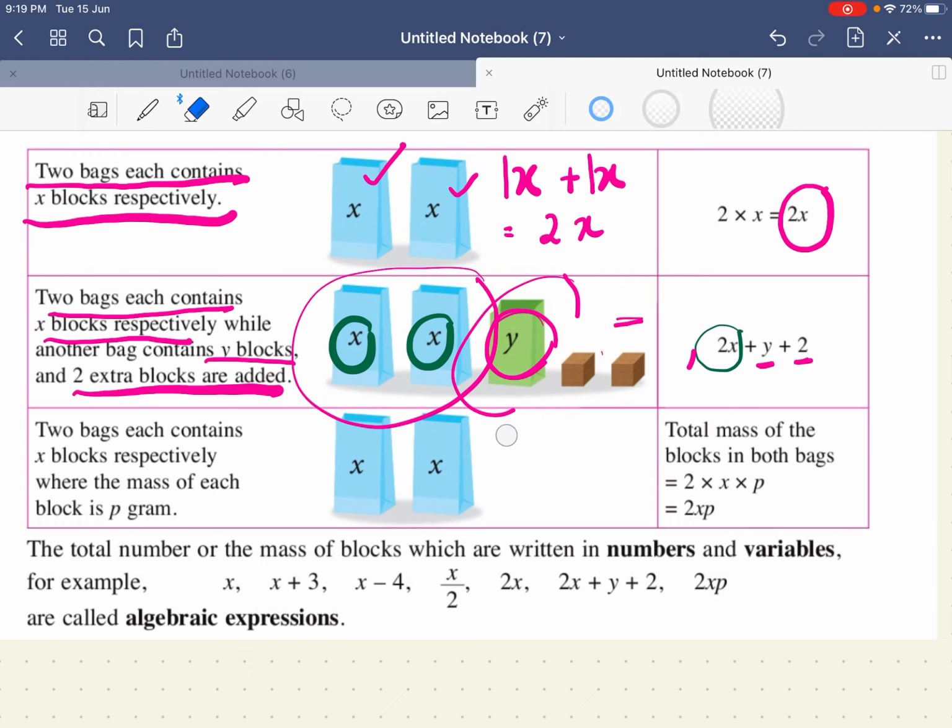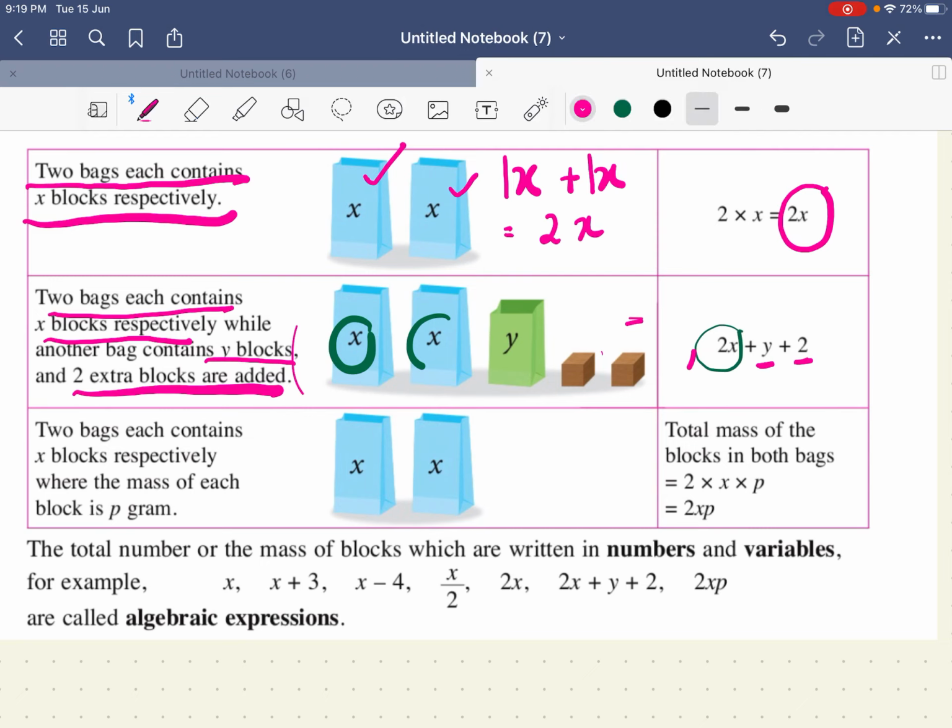Okay. And lastly, dia kata apa ni? 2 bag ada X block respectively, where the mass of each block is P gram. Ini P gram. Ini pun P gram. Maksud dia ada blok yang sama dan berat yang sama.